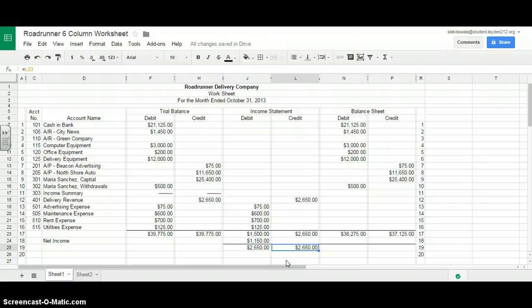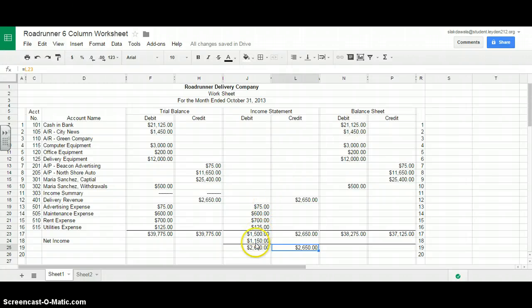Okay? Now, each of these values in our income statement, these are our temporary accounts. So these temporary accounts at the end of an accounting period need to be zeroed out, right? Because they don't carry forward like our assets do or our liabilities do, any of our permanent accounts do.